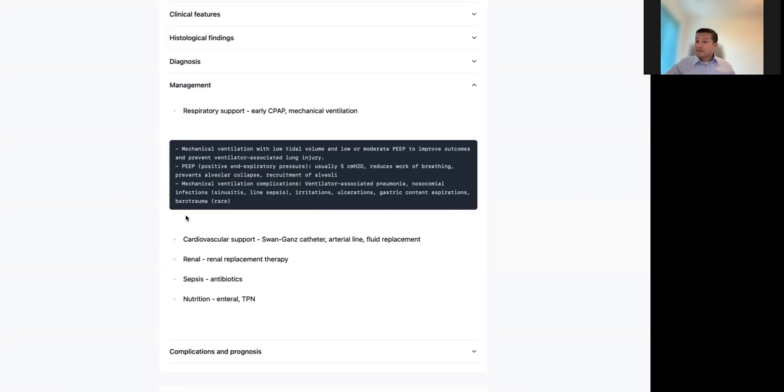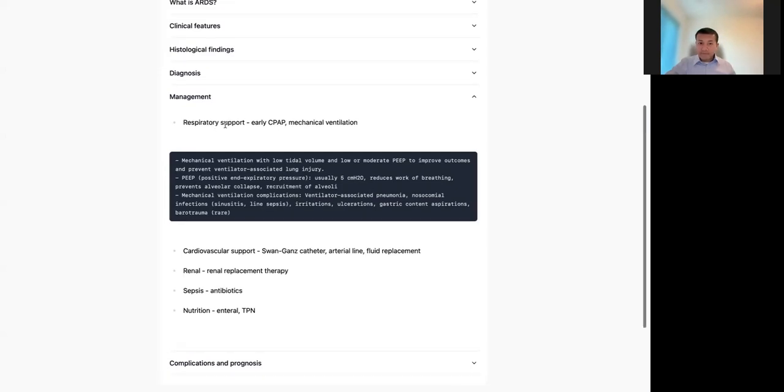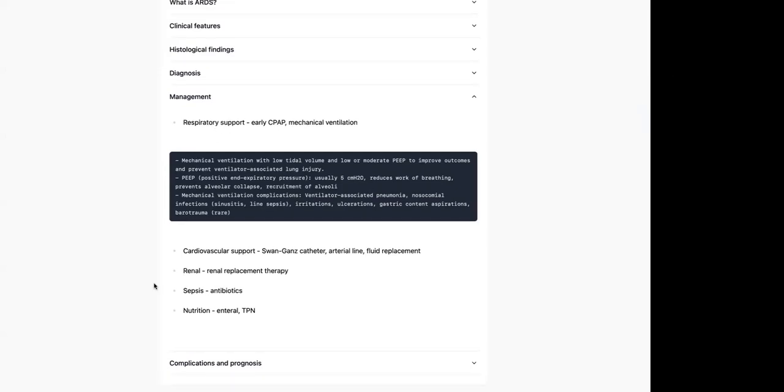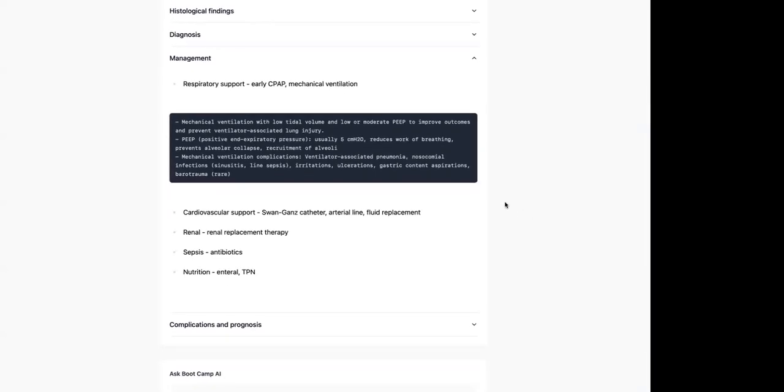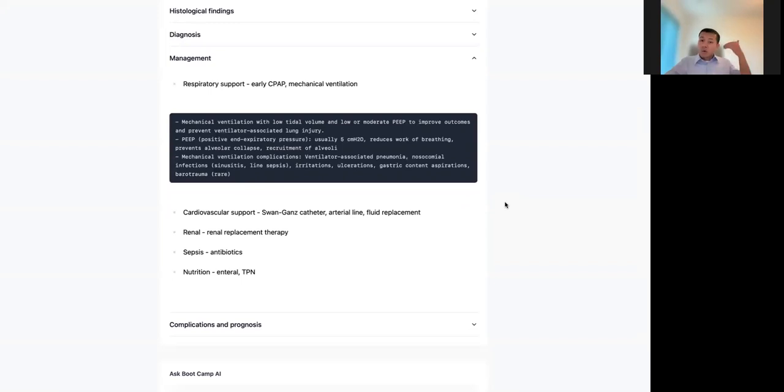True barotrauma nowadays is very rare because the ventilators now have very good sensors inside. There is also vocal cord trauma if you leave the ETT in for too long. Say again? Vocal cord trauma if you leave the ETT in. Yeah, of course, and all the traumas related to it.